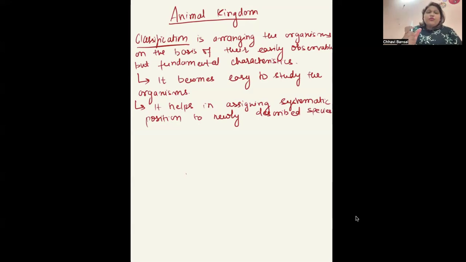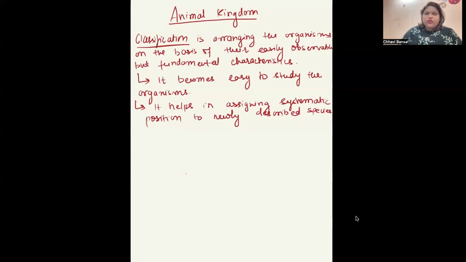If you remember the characteristic features of a specific class, the organisms belonging to that class will also have those features. So you just have to know which organisms belong to which class and what the features of a specific class are. Second, if there is a newly discovered species, how will you place it? Classification helps in assigning it a systematic position in the already established classification system.